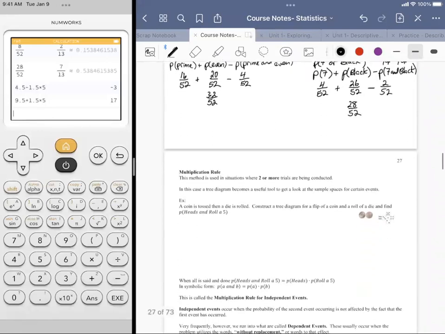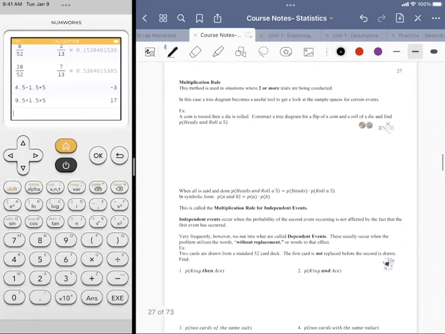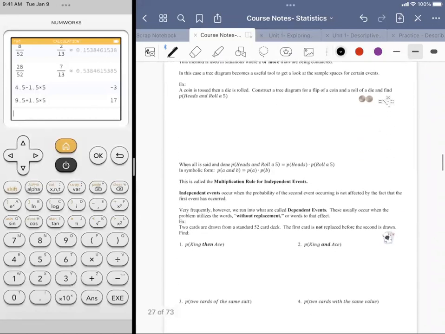But like I said, for 27, 28, I wanted to grab a problem or two and just kind of take you through it, because when you're dealing with, well, cards specifically, but any kind of probability instance, you could have what we call independent events, or we could have dependent events. Independent events are when the probability never changes, no matter how many trials you have. So if you flip a coin, you can flip a coin once, or you can flip a coin 1,000 times.